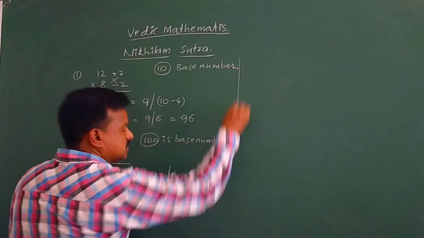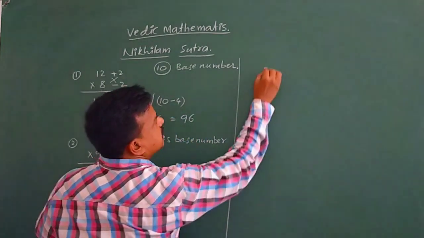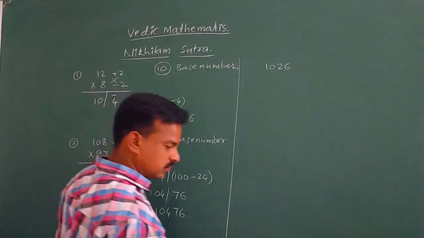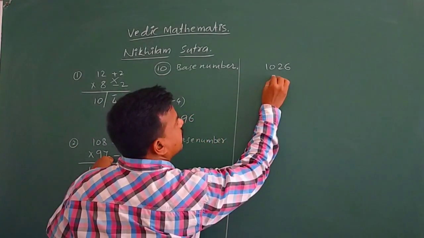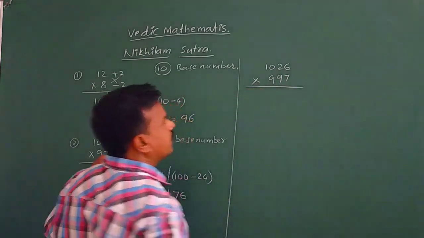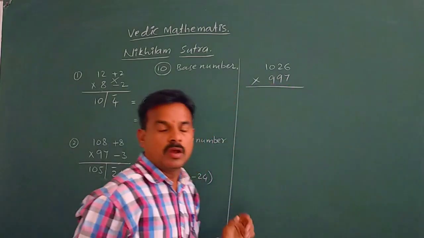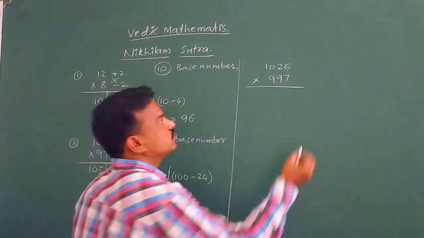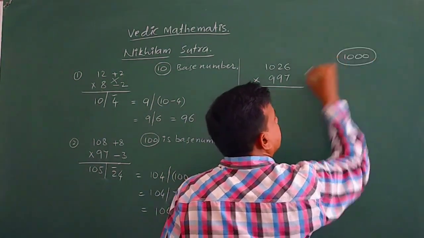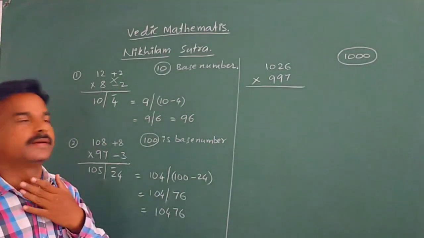Okay, take one more example: 1026 and 997. This is 1026 and this is 997. Both numbers are near to 1000, so the base number is 1000 here.